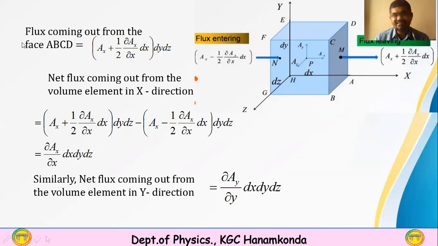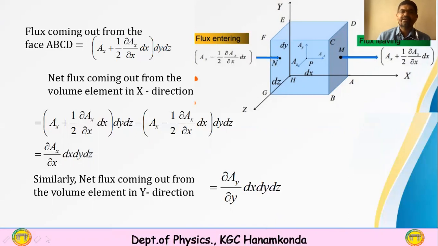Therefore, the flux coming out of the ABCD face is (Ax plus 1/2 ∂Ax/∂x dx) into the area element dy dz. Now we have the flux entering is (Ax minus 1/2 ∂Ax/∂x dx) dy dz. The flux leaving from the ABCD face is (Ax plus 1/2 ∂Ax/∂x dx) dy dz.